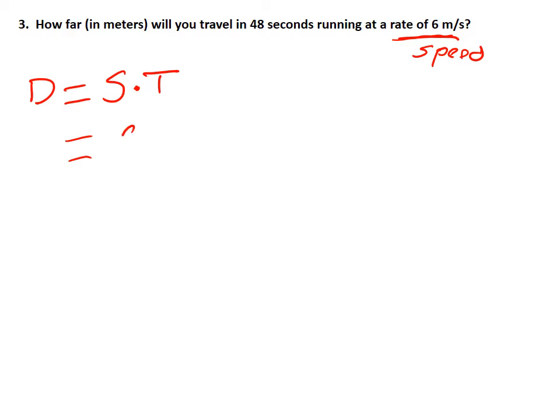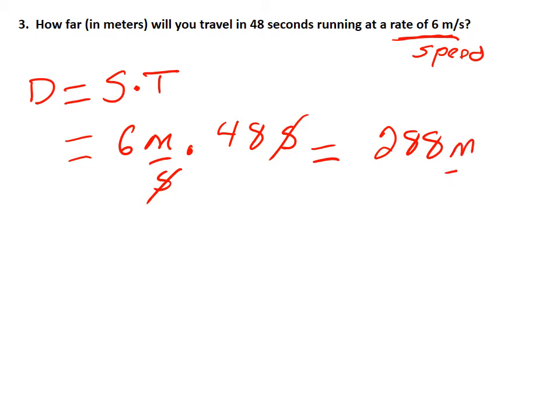The speed is 6 meters per second times a time of 48 seconds. Time units cancel out those seconds. So 6 times 48 would be 288 meters. We'll put a box around it.